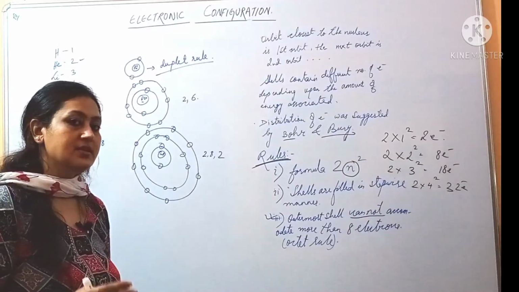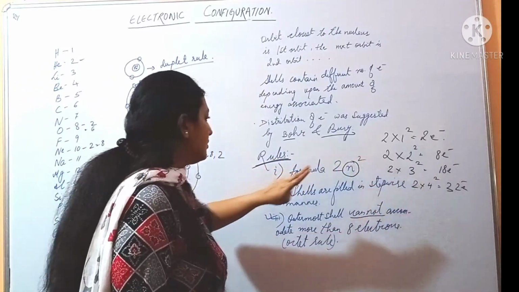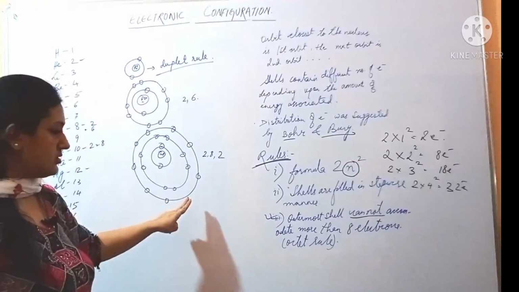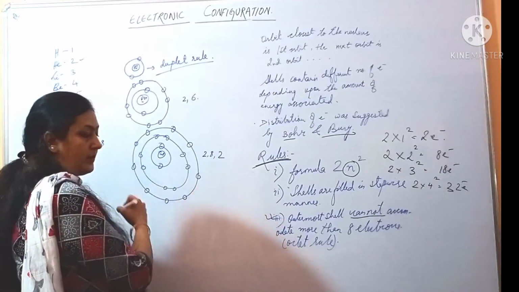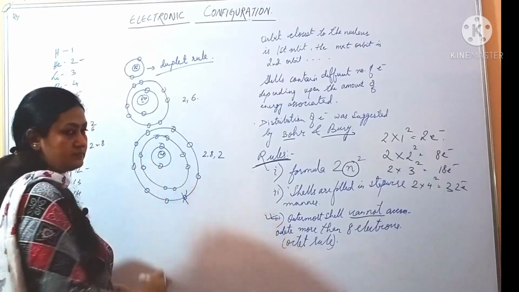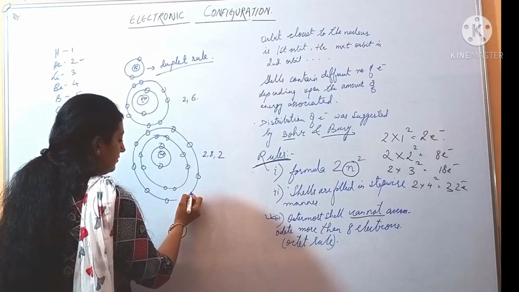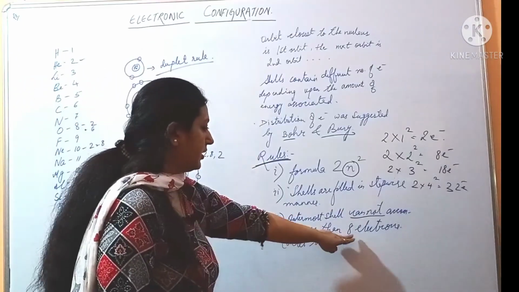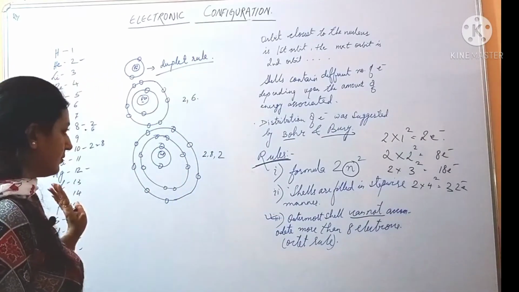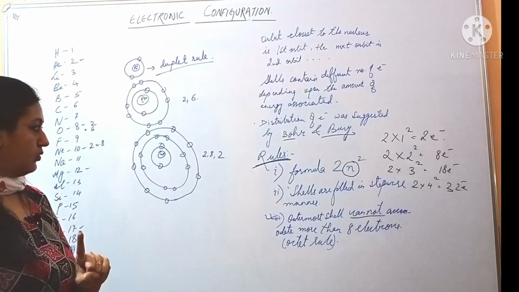That means it has 19 electrons in it. Since the third shell has the capacity to accommodate 18 electrons, I can write the 9th one here. But no, this cannot happen. Why? Because this rule says that the outermost shell cannot accommodate more than 8 electrons. This has gained stability. Where will this extra 1 electron go?